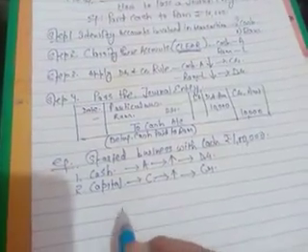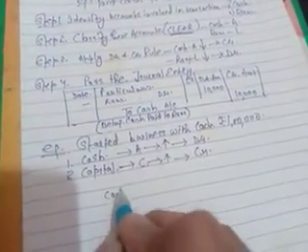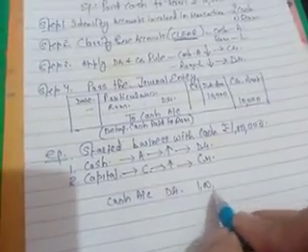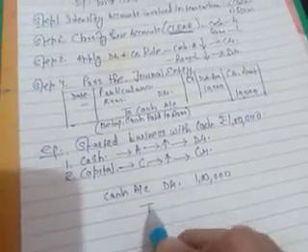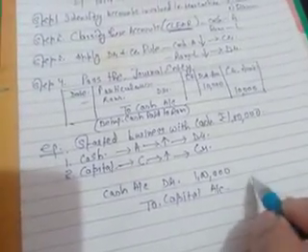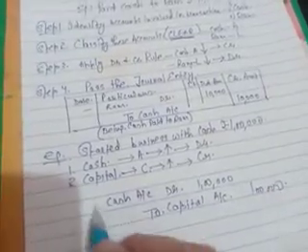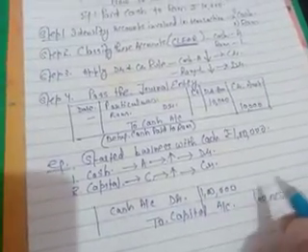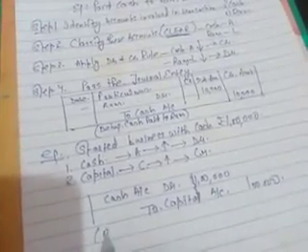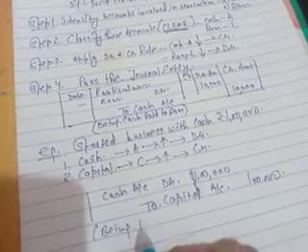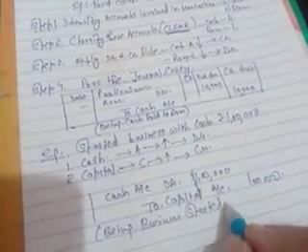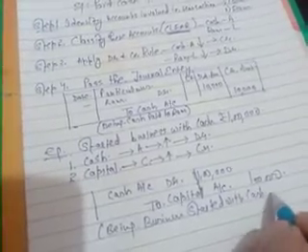So our journal entry here will be cash account debit 1 lakh to capital account 1 lakh, being business started with cash.